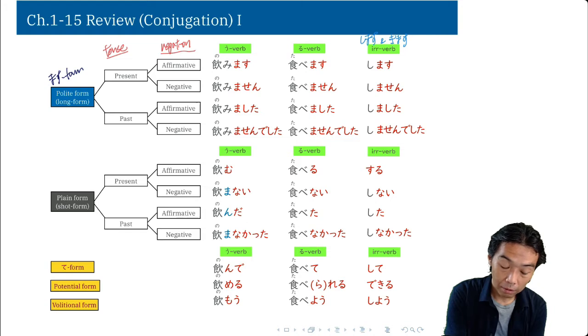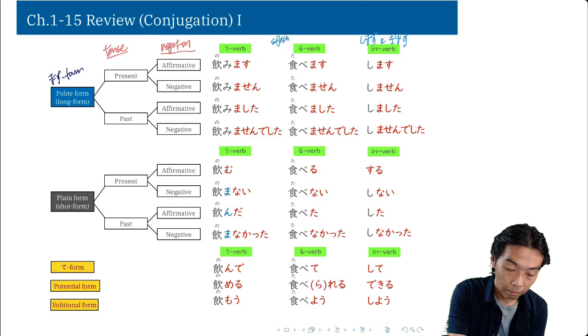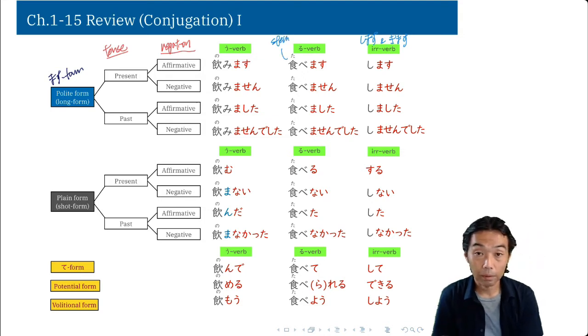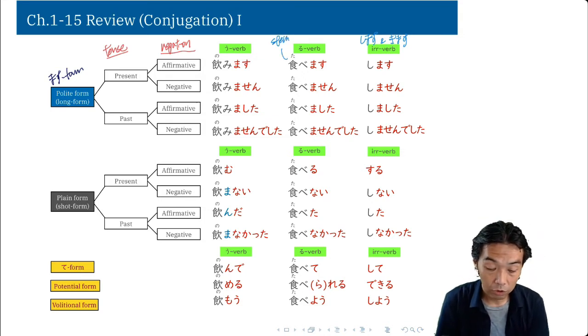The verb is a little bit easier to see how stem works. If you see stems here, it's always tabe. So these stems all remain the same across conjugation.